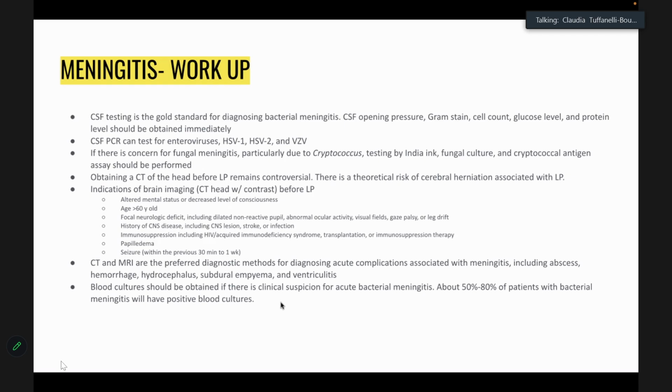If you want to follow those guidelines, or figure it's harder to get a CAT scan, if there is going to be a delay in CAT scan, the ones that you can just go ahead with would not be these.